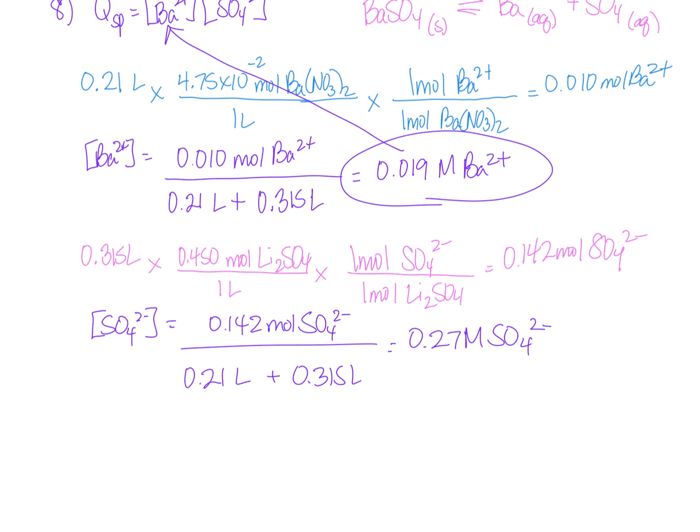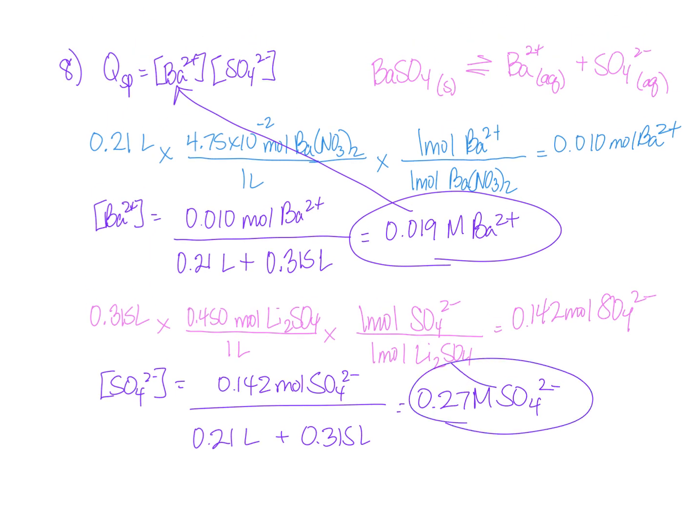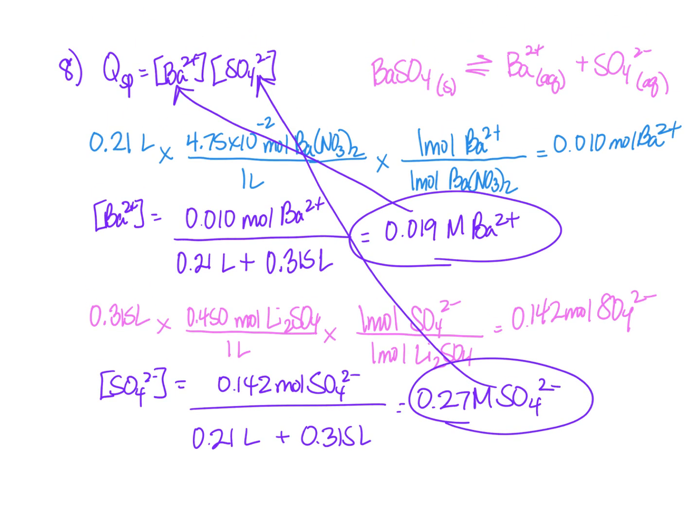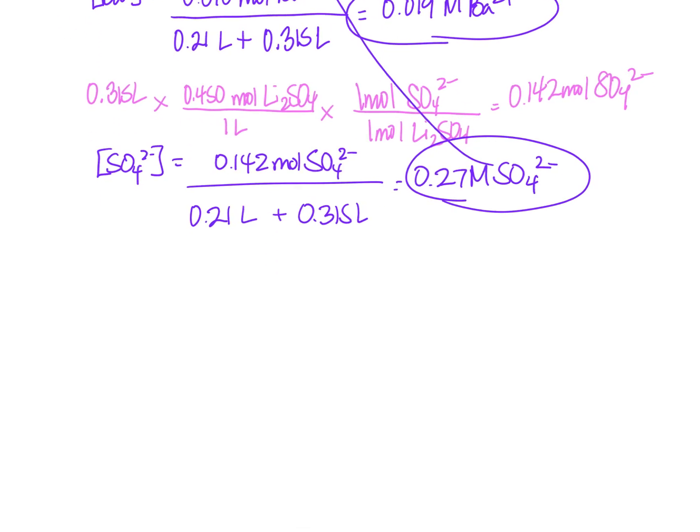So now I'm going to take this answer and plug it into here. And then I will multiply those two things together, and that will give me my Qsp. So Qsp is equal to that 0.019 times the 0.27, which gives me a value of 0.0051. Now, compare your Qsp to your Ksp.